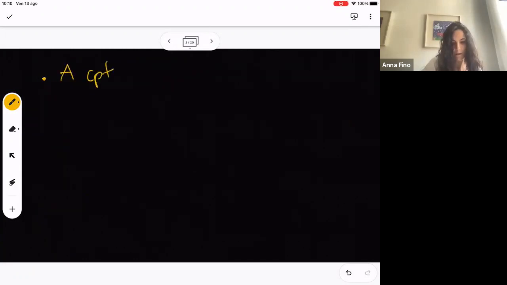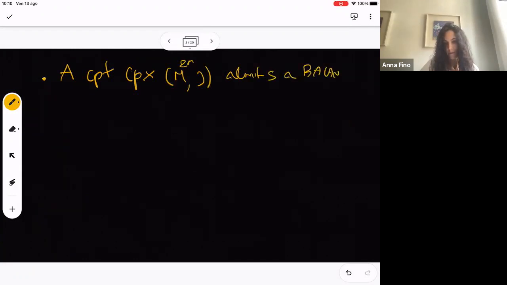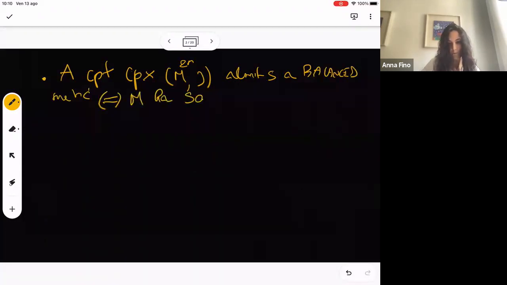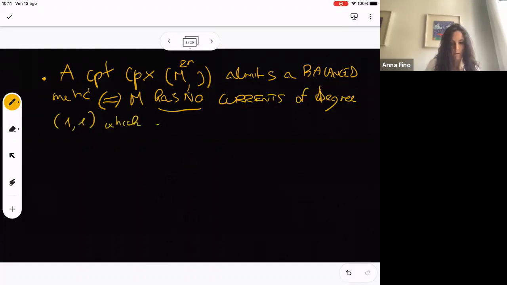So we say that a compact complex manifold M of complex dimension n admits a balanced metric if and only if M has no currents of degree (1,1) which are components of a boundary. This is due to Michelsohn, and it is a characterization similar to the one we saw for Kähler and pluriclosed metrics.